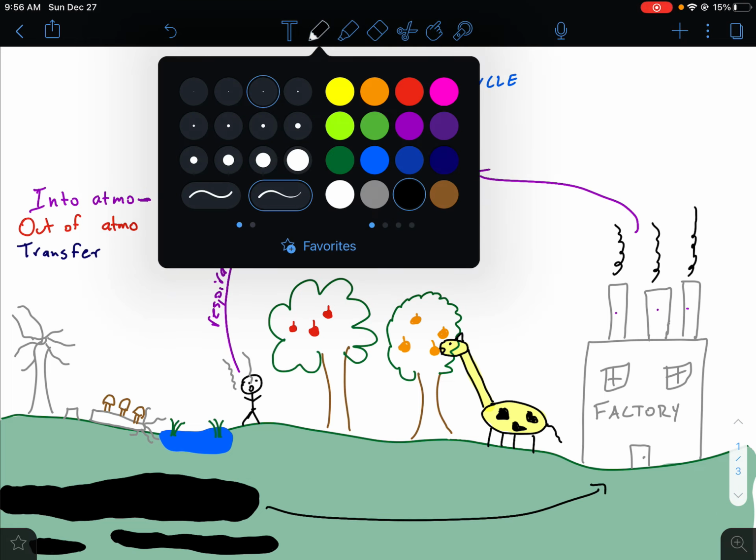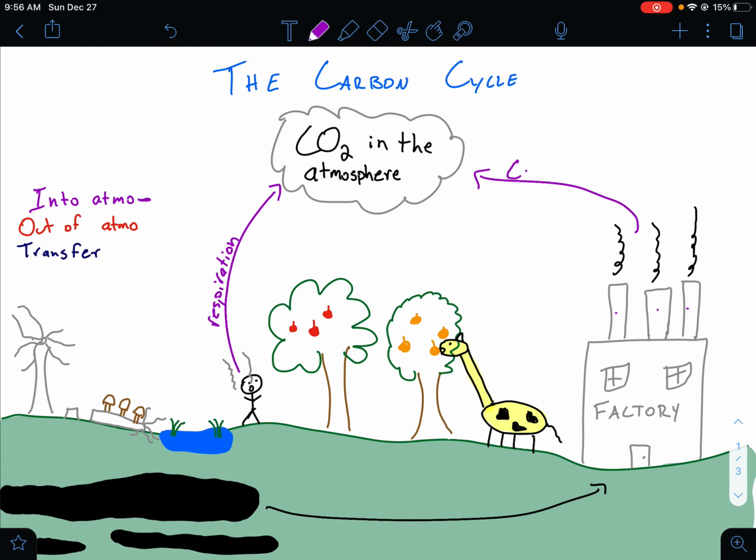And this is the process of combustion. So combustion sends carbon dioxide into the atmosphere. And remember, it's taking from those fossil fuel reserves, it's combusting those fossil fuels, and that is carbon dioxide added to the atmosphere.